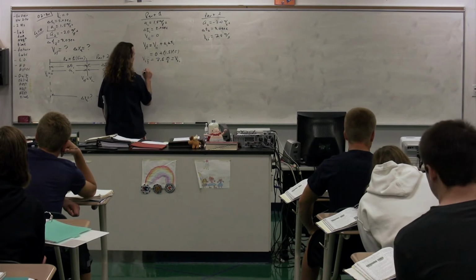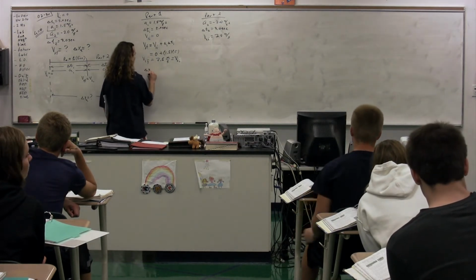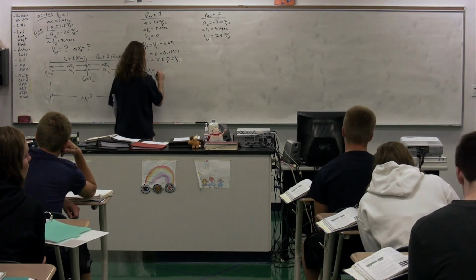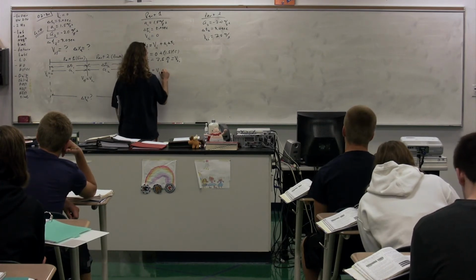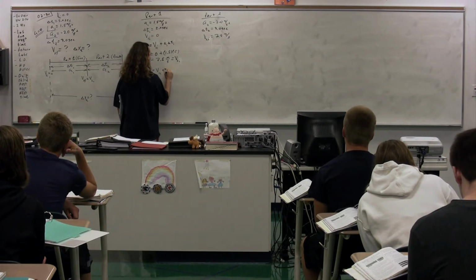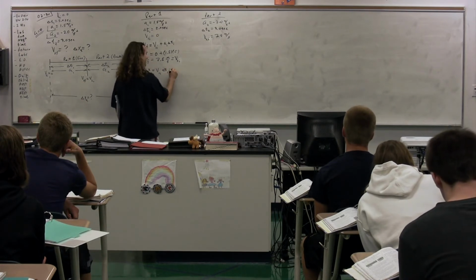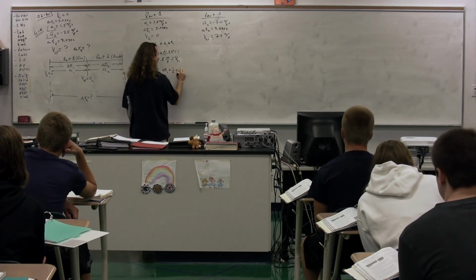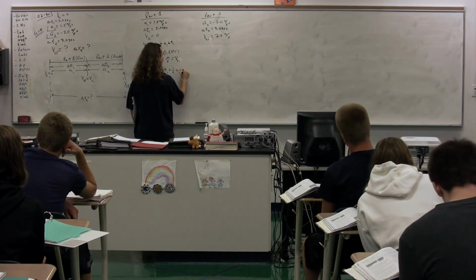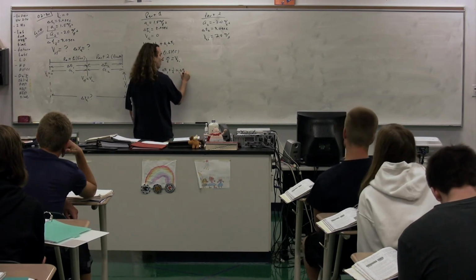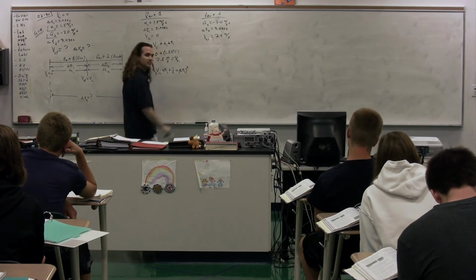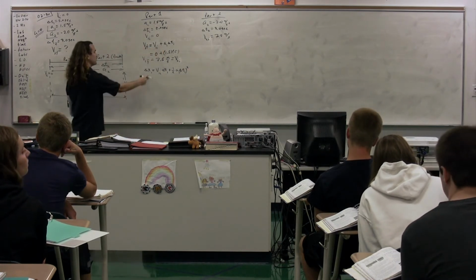So delta x1 equals velocity initial 1 times delta t1 plus half the acceleration 1 times delta t squared. Change in time for part 1 squared, right? Oh yeah. Okay. So we've got the displacement for part 1.